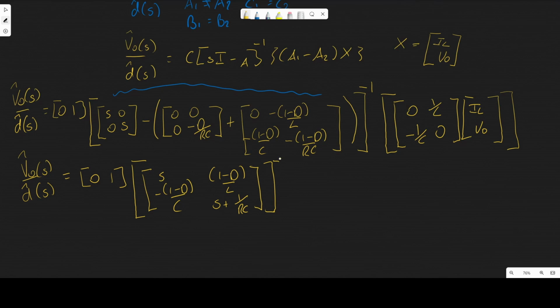Take the inverse of that, and on the right hand side we have 0, 1 minus C, 1 over L, 0, IL, and V out.